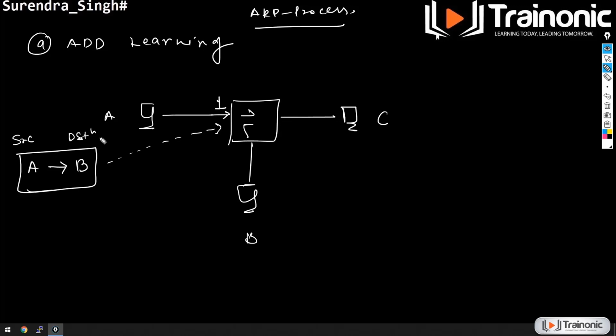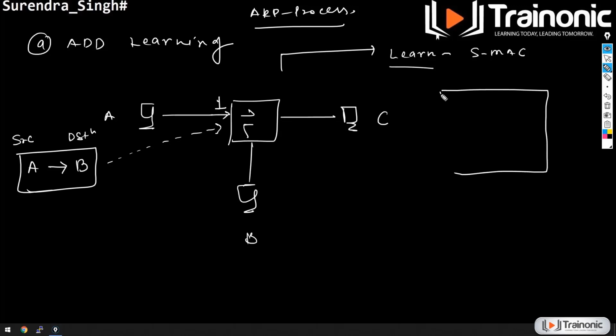So this was the frame generated by the device, and now the switch has received that frame. What will happen? This switch will immediately learn the source MAC address of the frame and install that source MAC address in a table, and that table is known as the MAC address table or simply MAC table. Just like routers maintain the routing table, switches maintain a table known as the MAC address table. And this MAC address table is by default empty.